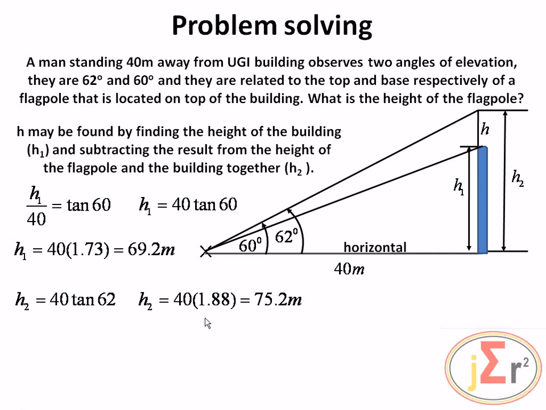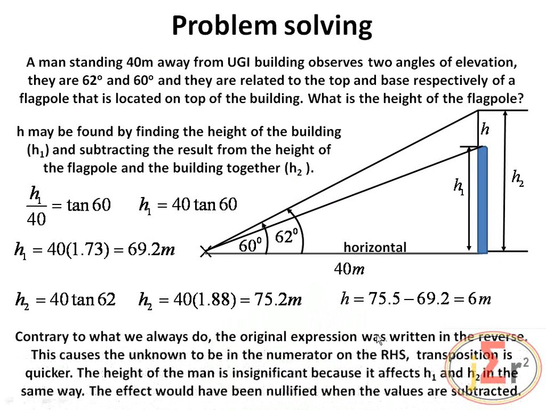Tan 62 is 1.88, so that is equal to 75.2 when we multiply them together. Now the height of the building and the flagpole together minus the height of the building turns out to be 6 meters. So that's the height of the flagpole.